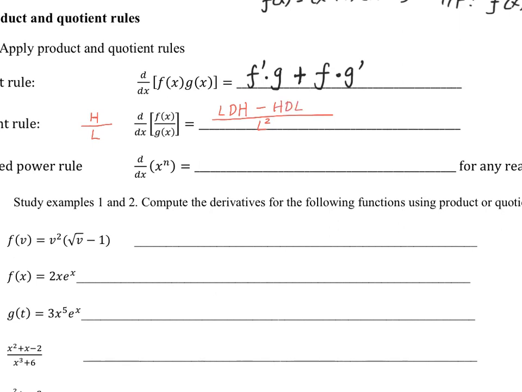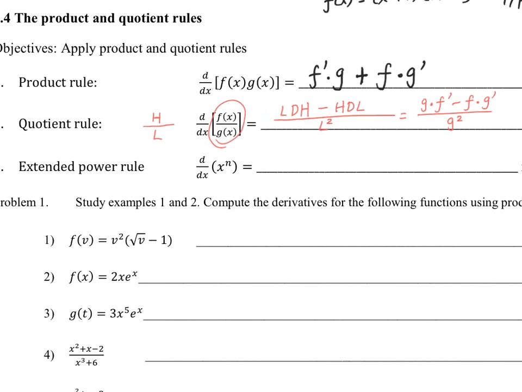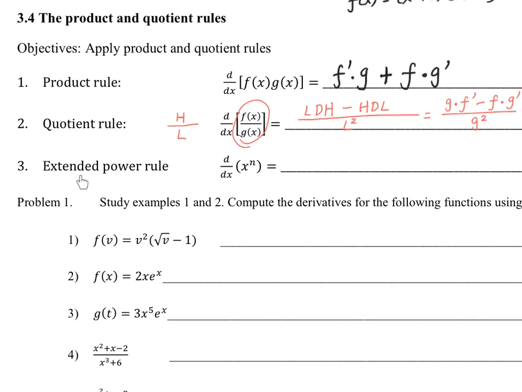In other words, when you have a function like f over g, you would do g squared because it's the low one, and then low d high means g times the derivative of the high, which is f prime, minus high d low, which means high is the f, times the derivative of the lower one, so g prime. That's how we apply the quotient rule.